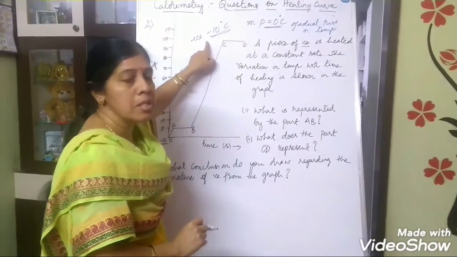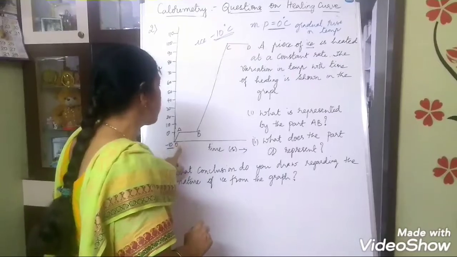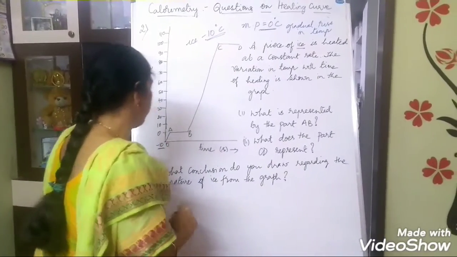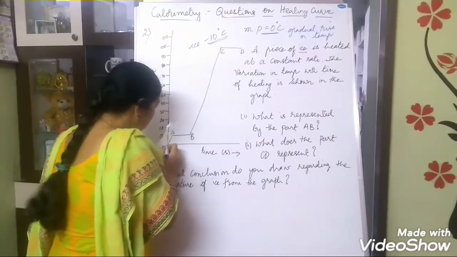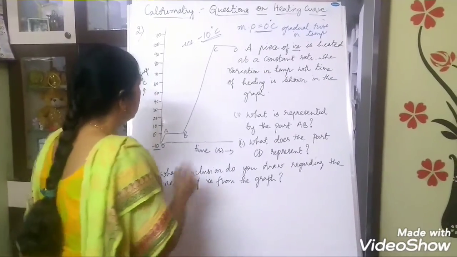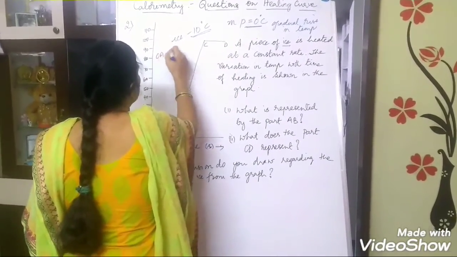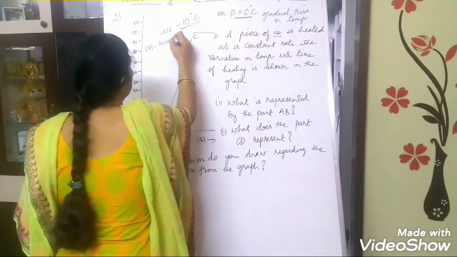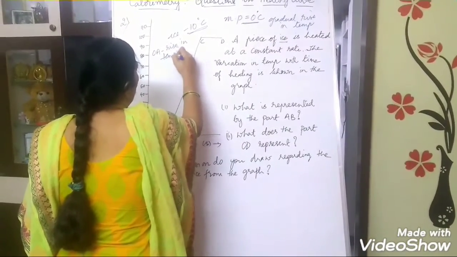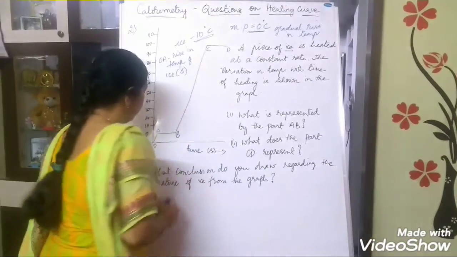Pure ice melting point is 0 degrees Celsius. So here there will be only rise in temperature and the substance will be in solid state only. So the part OA of the graph will represent rise in temperature. That's all. So I can write down for you here. OA just represents rise in temperature of ice that is in solid state.